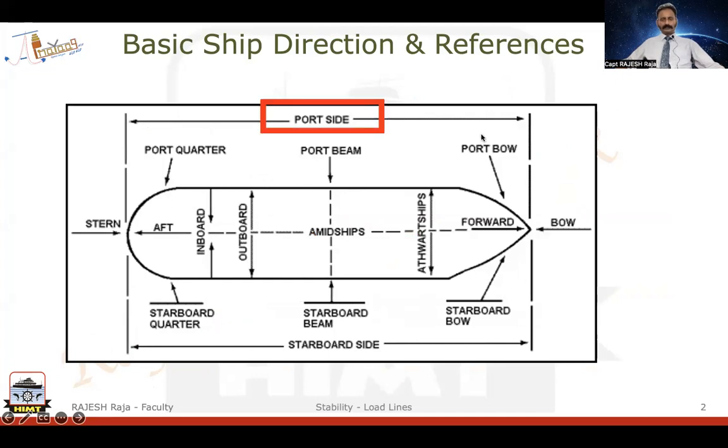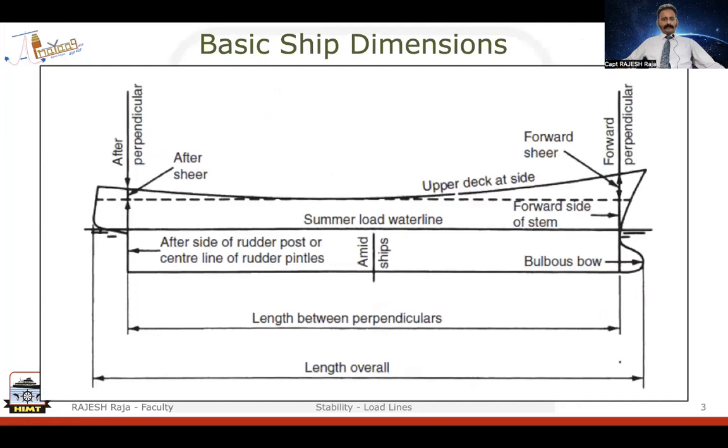So I'm just trying to highlight the port side and the starboard side. And besides this, I want to show you a few more features which will be helpful for beginners. As always, my aim is BSc and first-time competency exam candidates, which is your second match.